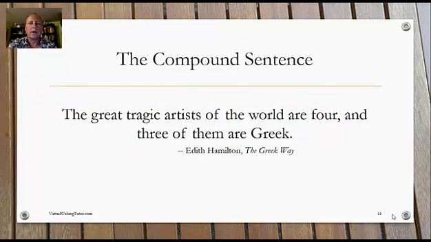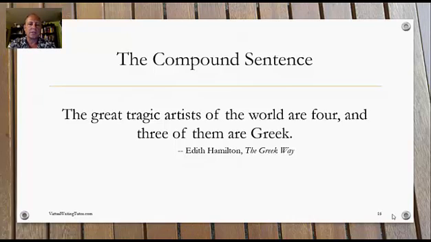Now, at its core, we have the simple sentence, the subject and the verb, sometimes with a complement, sometimes without. And all we have to do to make a compound sentence is to join two or more of them together. Here we have a compound sentence. The great tragic artists of the world are four, and three of them are Greek.